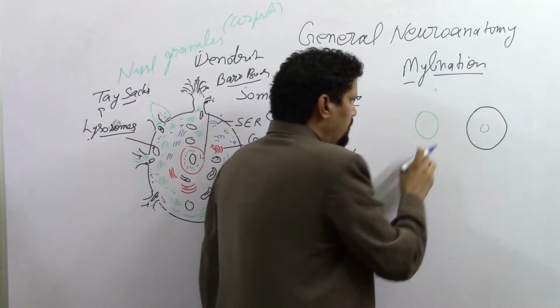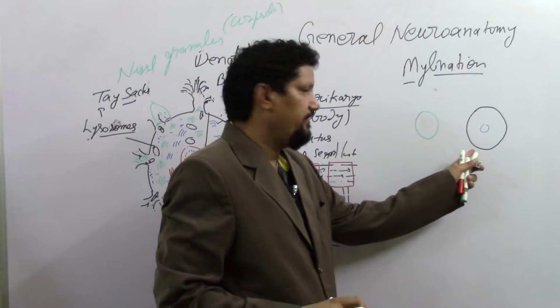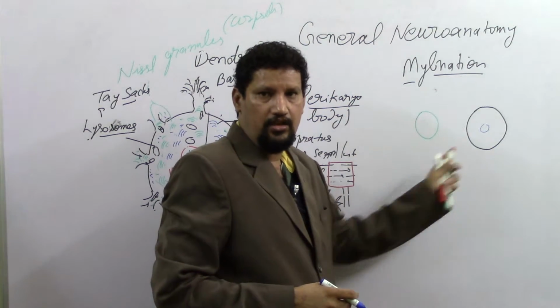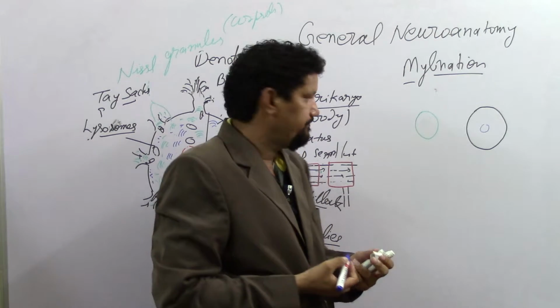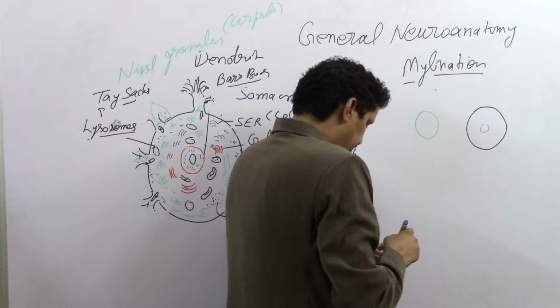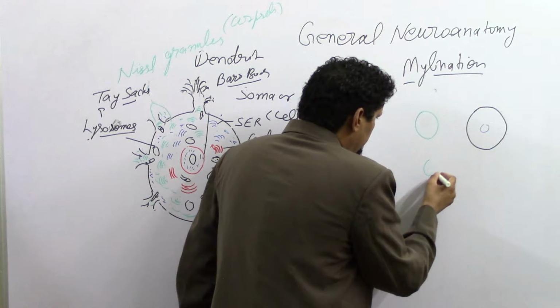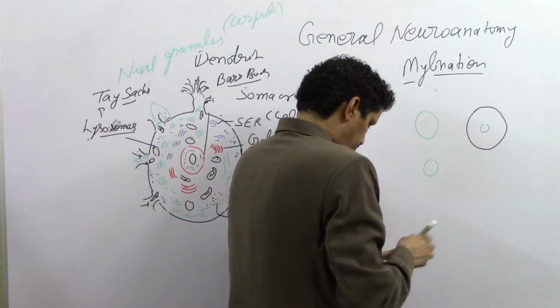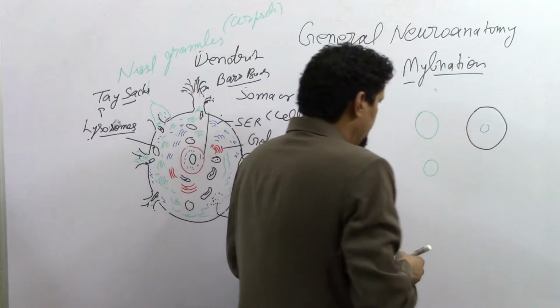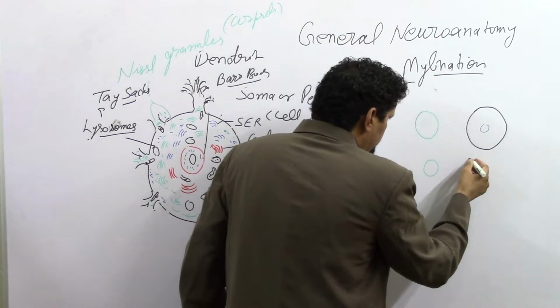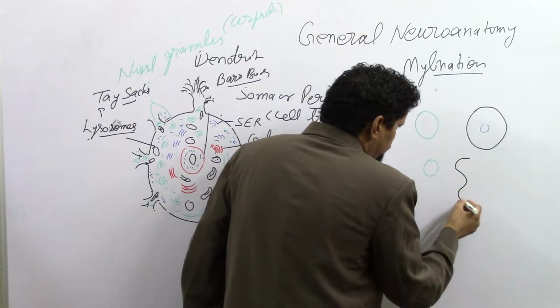This is part of axon and this is an independent Schwann cell or oligodendrocyte. In a later part, this will be axon and there will be a dent on the Schwann cell.